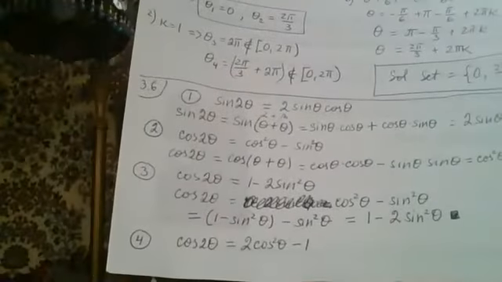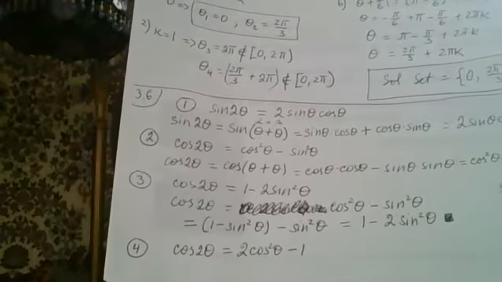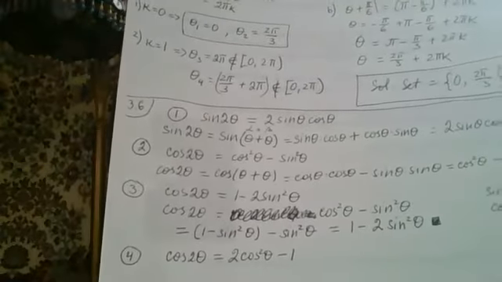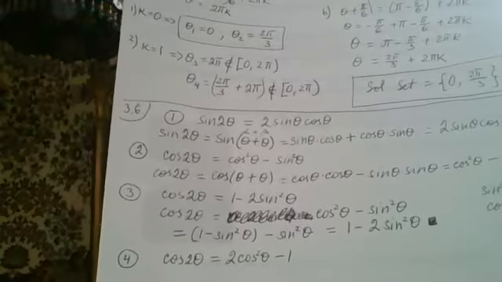What do you see in this formula? Sine squared disappeared. We are dealing here only with cosine squared. So it will be 2 cosine squared theta minus 1. This time, cosine of 2 theta equals 2 cosine squared theta minus 1.